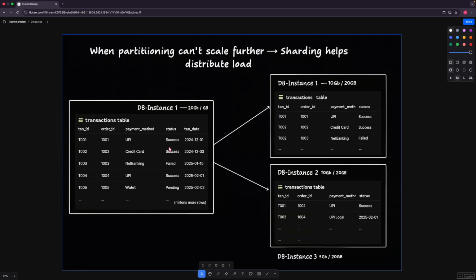It also comes with other advantages, like the overall database load getting distributed, and the overall API response or database response also improves. But it also increases the overhead on the application side, because in a database we don't just have a single table, right?